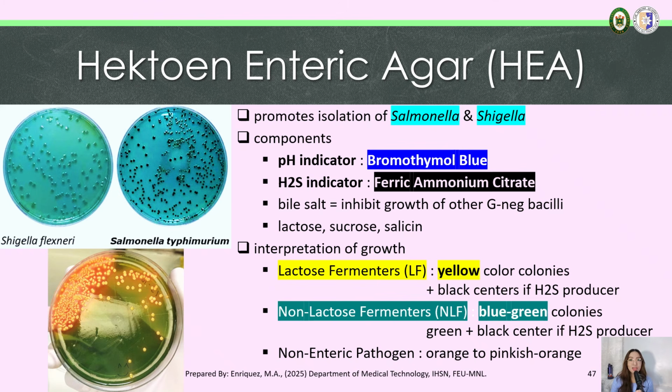Meanwhile, non-enteric pathogens will produce orange or pink orange colonies such as this one right here. Okay, so those are the different colony morphologies that we may be able to observe using the Hektoen enteric agar. But again, this is mainly to promote the isolation of Salmonella and Shigella.